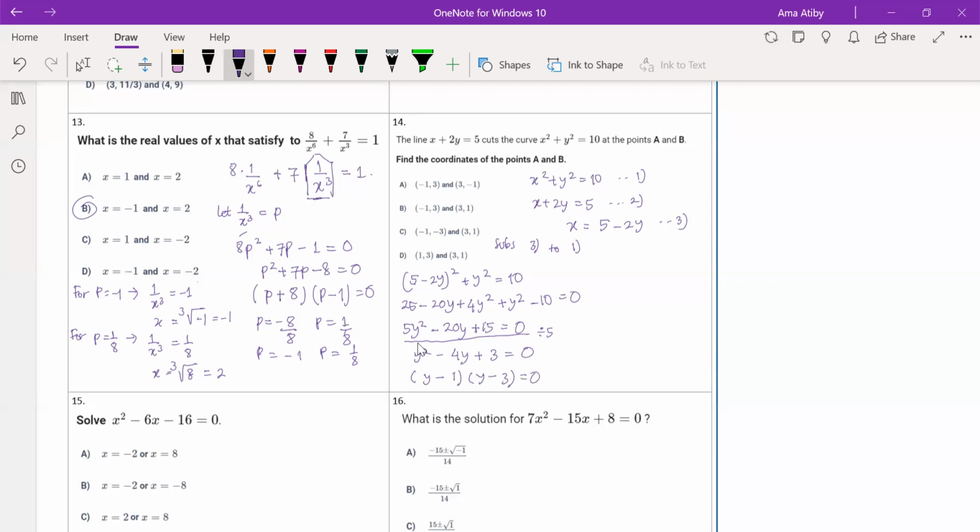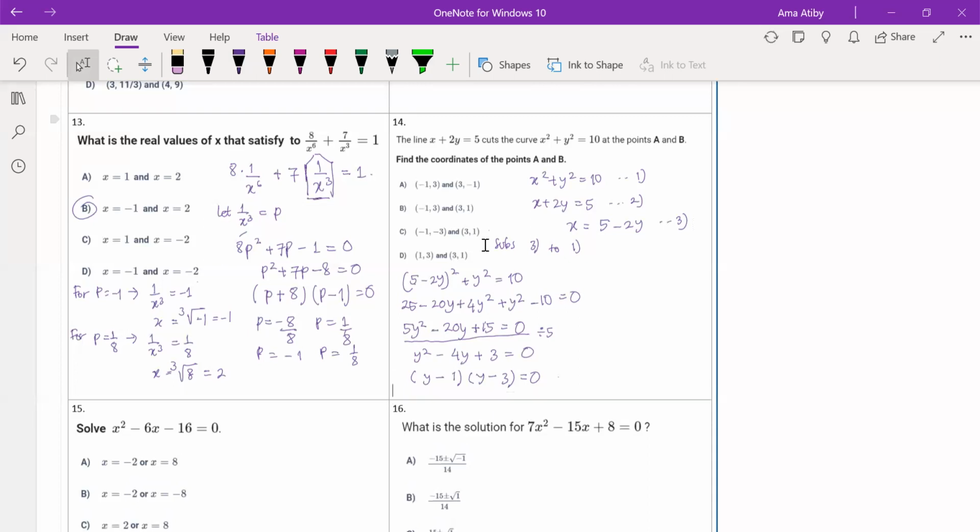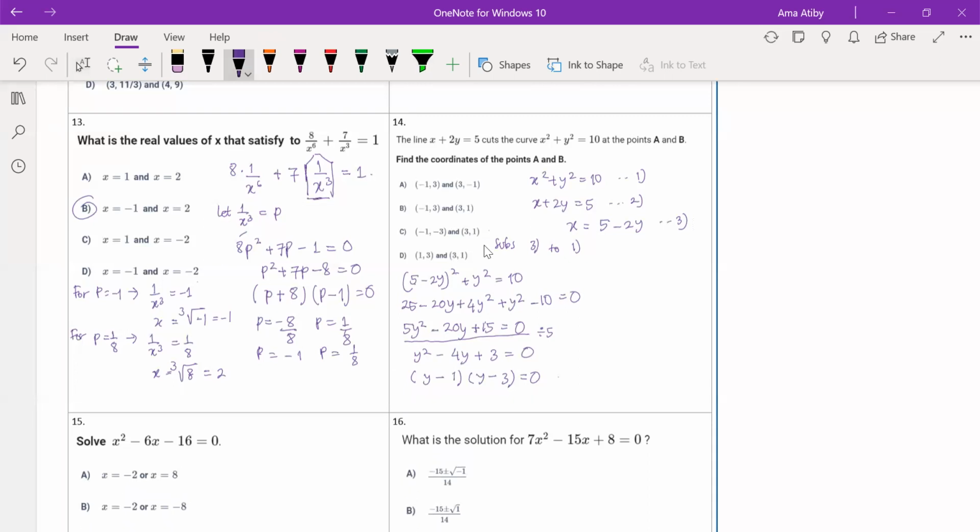So in this case, I will get the value of y. So let me give more space for this question. So here I will get y equals 1 and y equals 3.